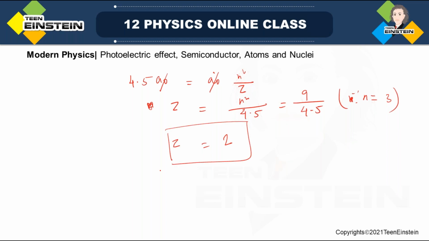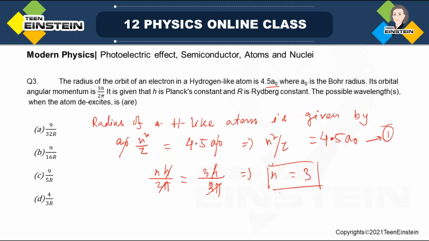Now look, if we know the principal quantum number n and the atomic number, can we find out the energy? Answer is yes, we can find the energy in terms of the Rydberg constant, etc.